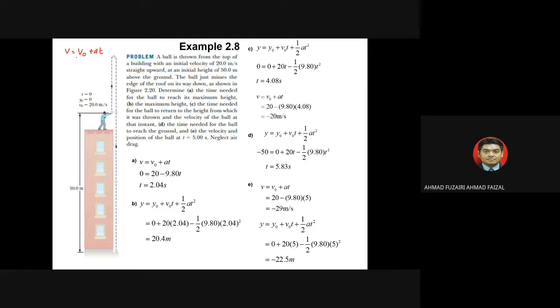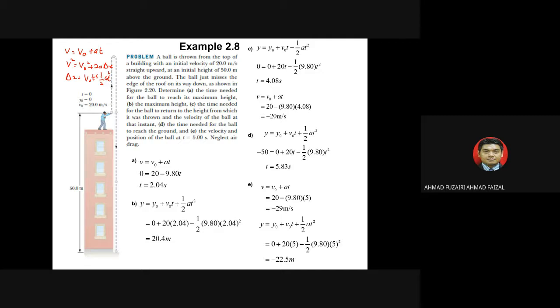Always, you need to memorize and be able to write down these three equations together: V equals V naught plus AT, V squared equals V naught squared plus 2A delta X, and of course, delta X equals V naught T plus half AT squared. You must always be able to write down these things, regardless of whether you have equations in front of you.